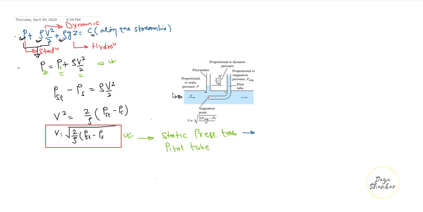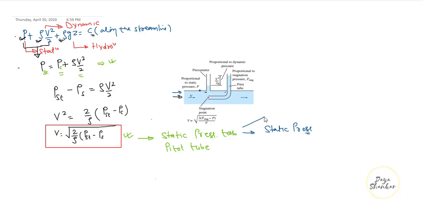Suppose the fluid is flowing in this direction, so the hole is here, and this is parallel to this direction. So that tube is basically known as the static pressure tab. It is used to measure only the static pressure.